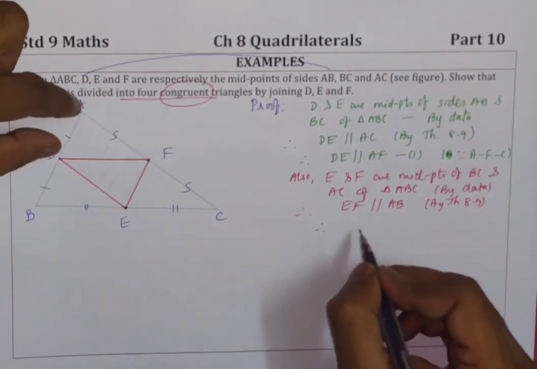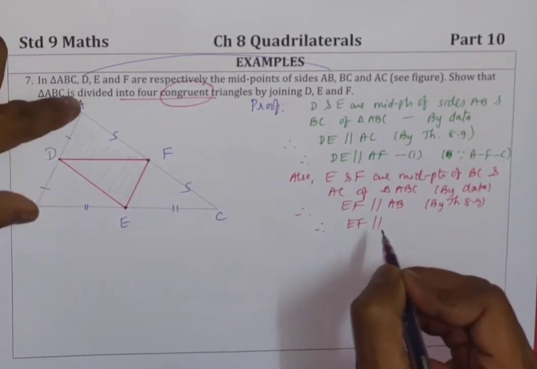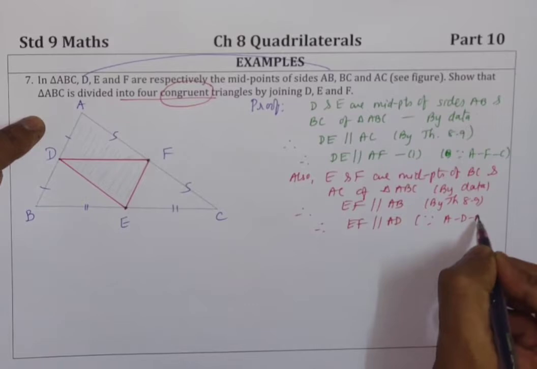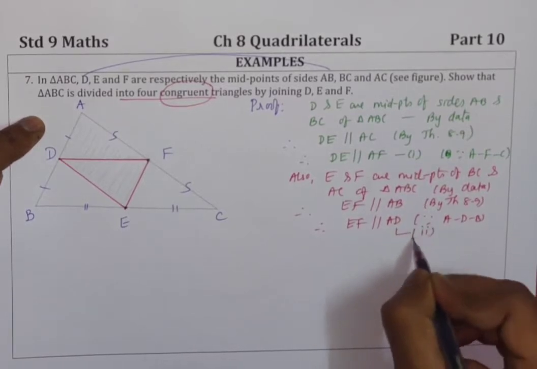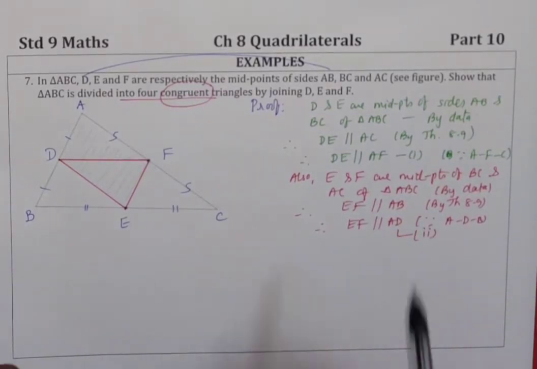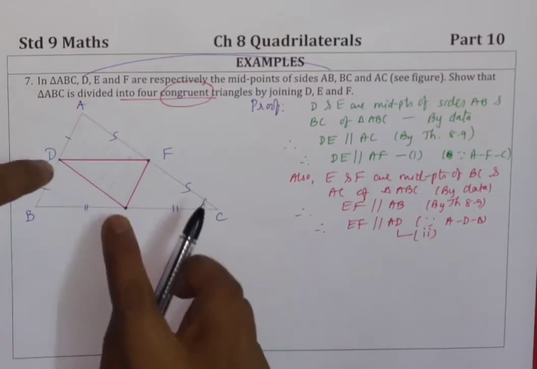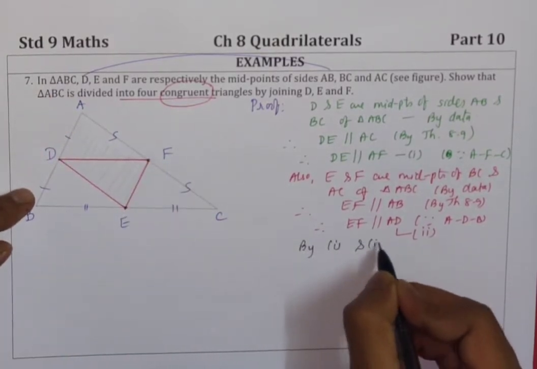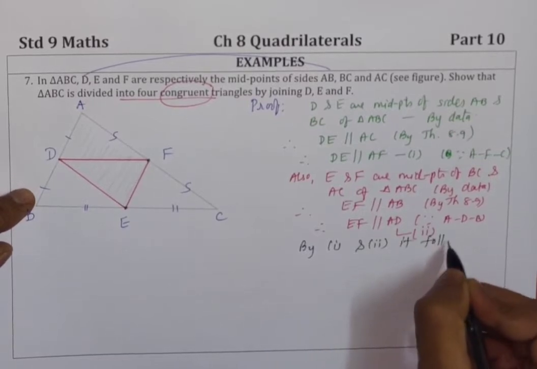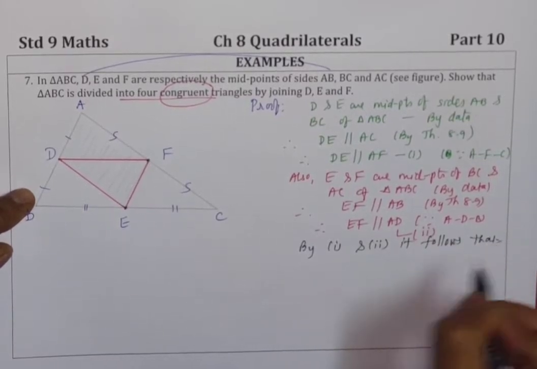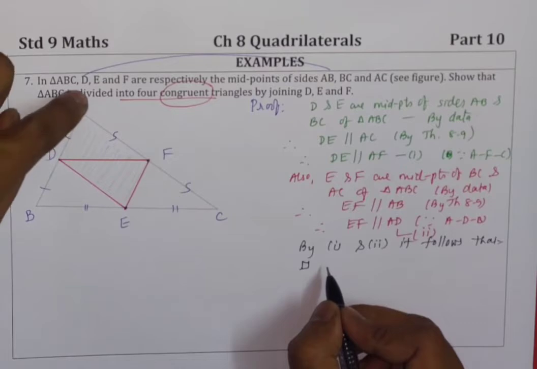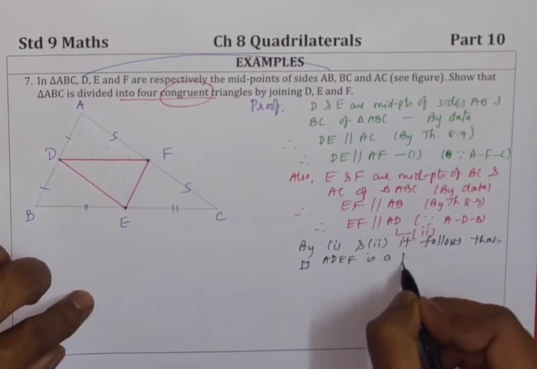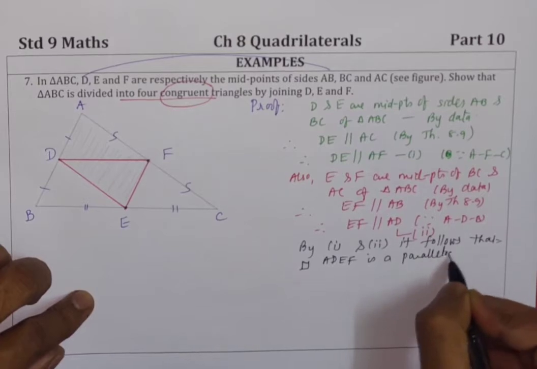So EF is parallel to AD, instead of AB we can say AD, because A dash D dash B, and we shall call this result 2. Children, AD is parallel to EF and DE is parallel to AF. So by 1 and 2, it follows that quadrilateral ADEF is a parallelogram.